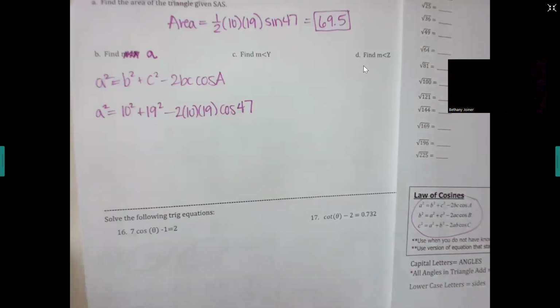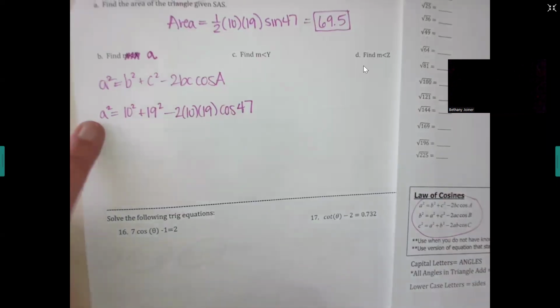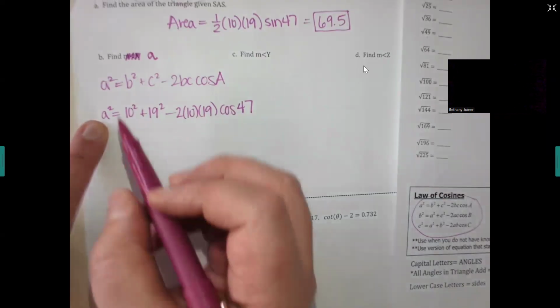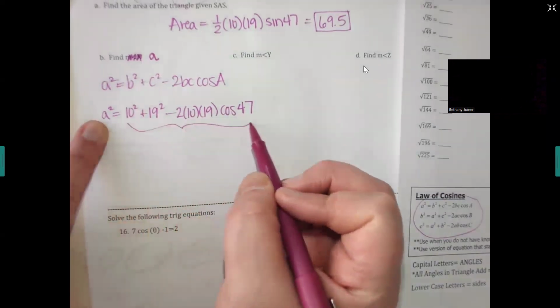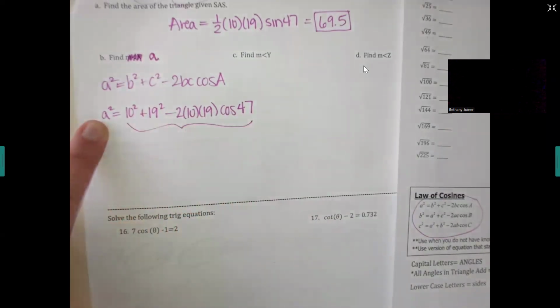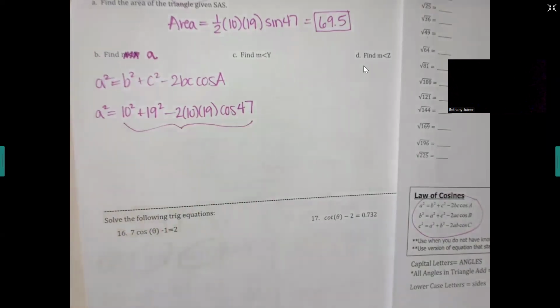Okay, in this version, if your a squared is what you're looking for and it's already on its own side, you can type this whole thing in together. So just put it in the calculator. You don't have to break it down into 1, 2, 3 because all of this is already on the same side. So go ahead and type it in.